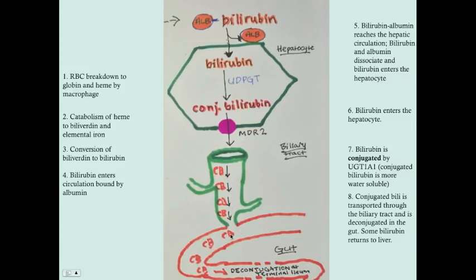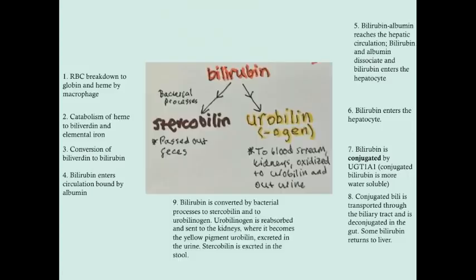And then from there, it goes into the intestine at the duodenum and ultimately gets deconjugated at the terminal ileum. Some bilirubin will return to the liver, and that's the hepatoportal circulation.